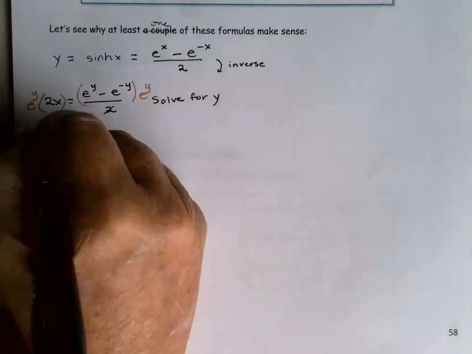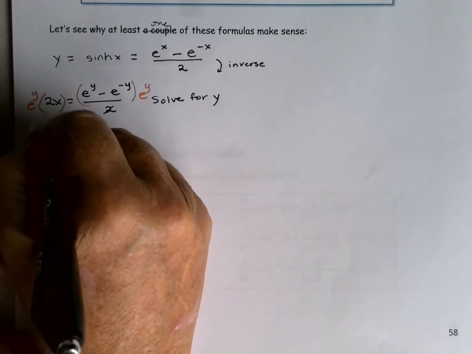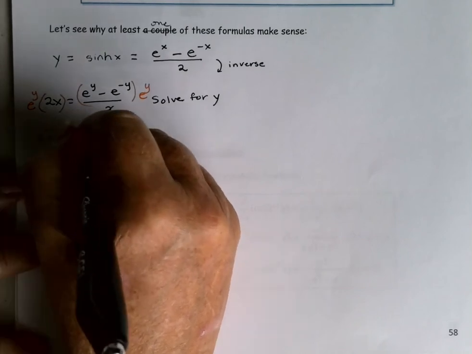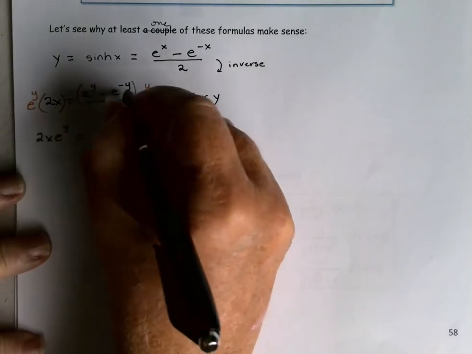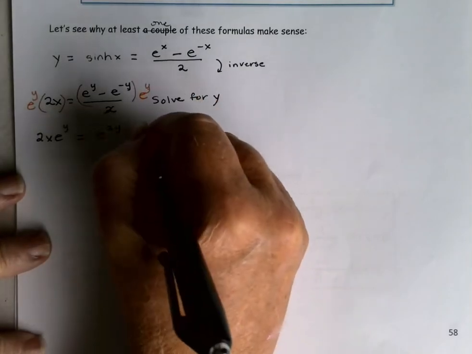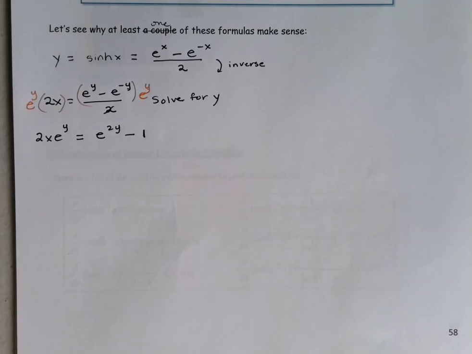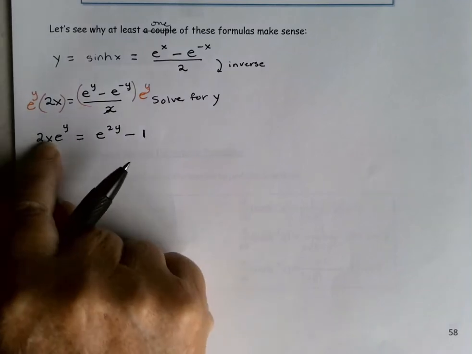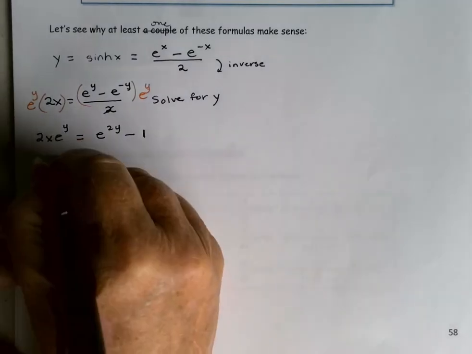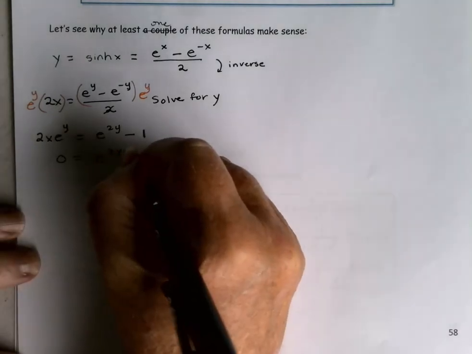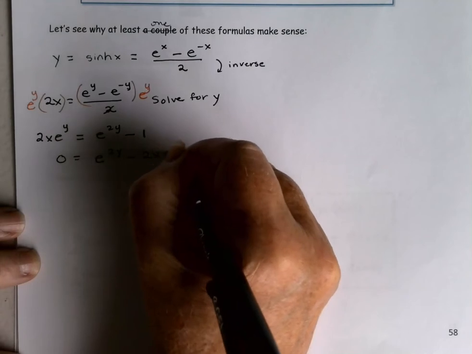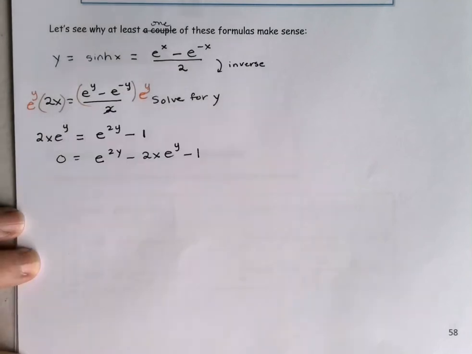So this is going to end up looking like 2x e to the y equals e to the 2y minus e to the 0, which is really just 1. Let me bring this term over to the right-hand side to get a 0 here. Like so.